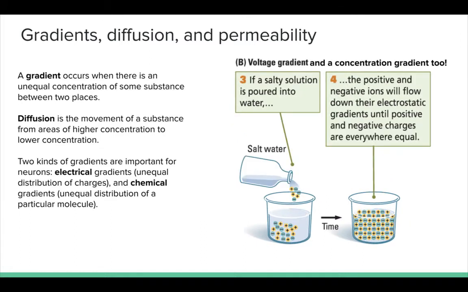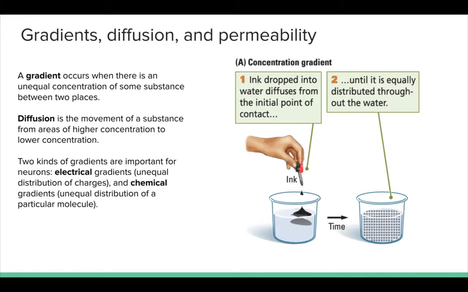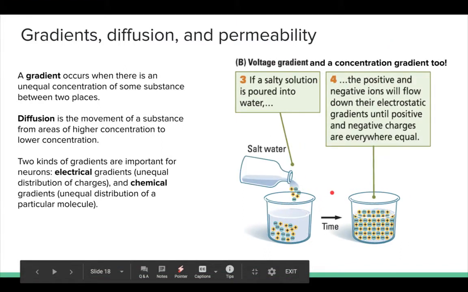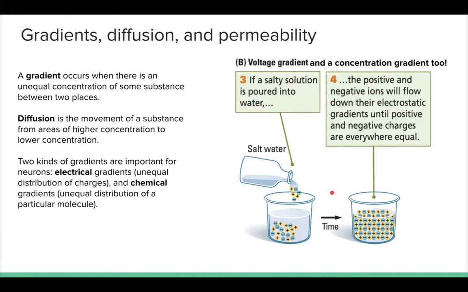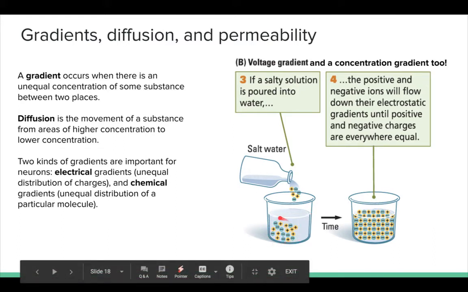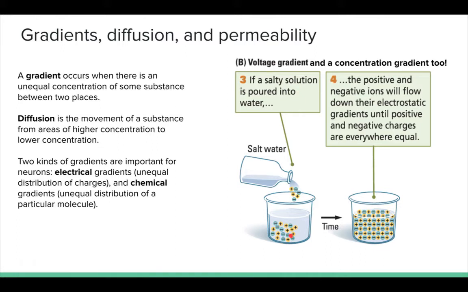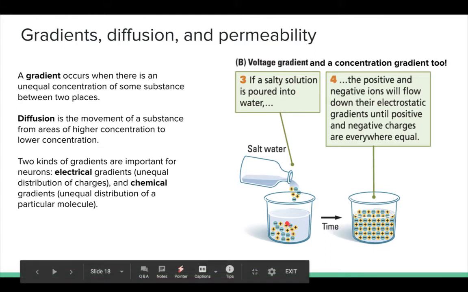Now, again, this is another toy example. If we imagine, instead of pouring this ink solution into our beaker, we pour in a solution of salt water, a solution that's filled with charged particles. We start off, first off, with a concentration gradient, because there's this chemical substance here that is unequally distributed throughout this jar of water. Also, in some sense, we do have a voltage gradient, or at the very least, we have an unequal distribution of these charged molecules as well.